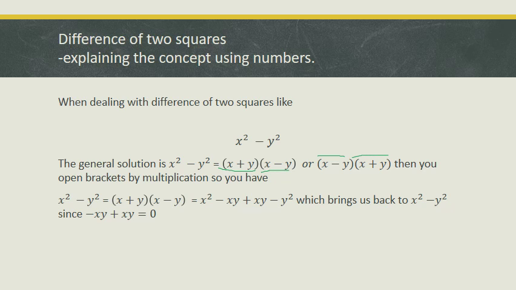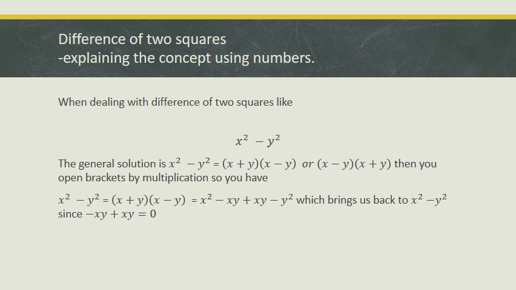Just make sure that whichever number or alphabet that's before the minus sign is the same one that comes before the signs in your bracket, whether the plus comes first or whether the minus comes first. Just make sure that the number before the minus sign, which is x squared here, the letter x becomes the first one here, and the first one also here in both brackets.